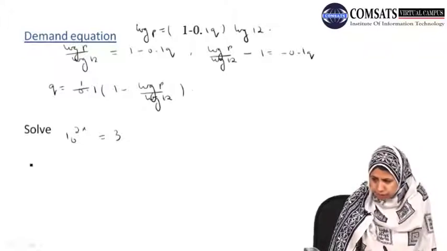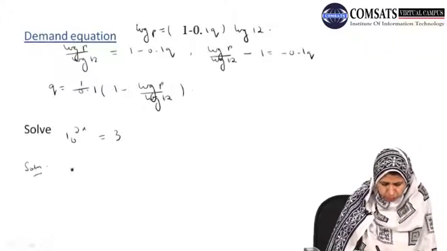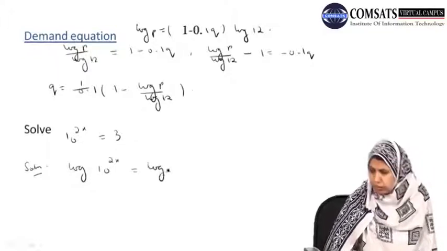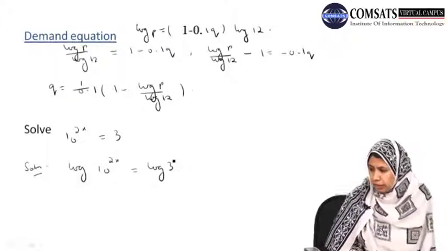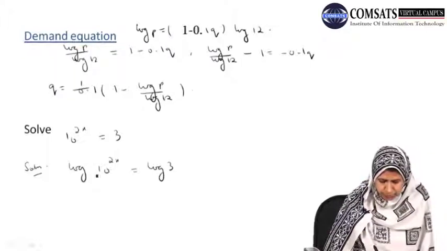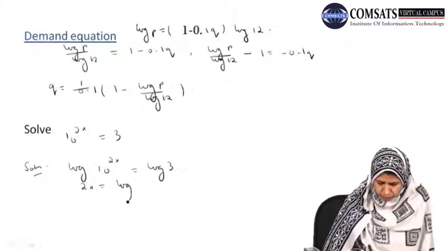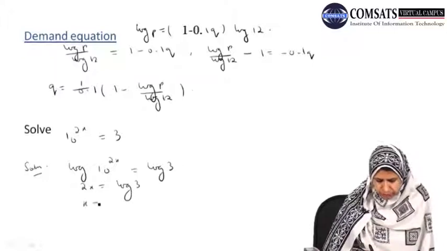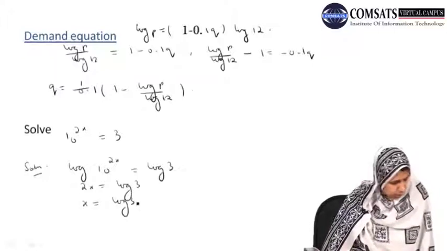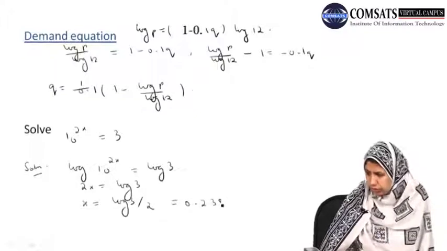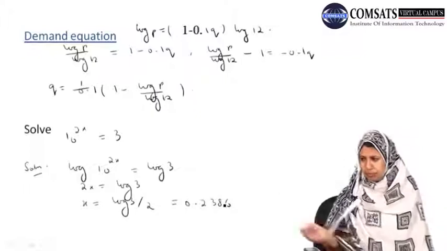We will simply take the log on both sides, that is log of 10 to the power 2x is equal to log of 3, and since the base and the number are the same, this cancels out and we are left with 2x is equal to log of 3, and x is nothing but log of 3 over 2, which is 0.2386.